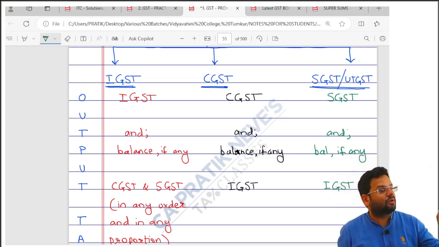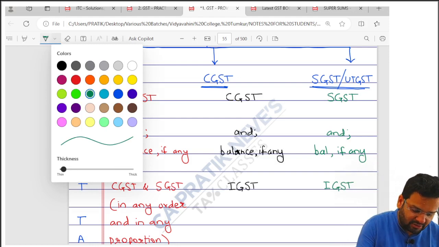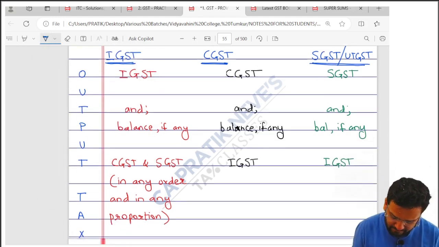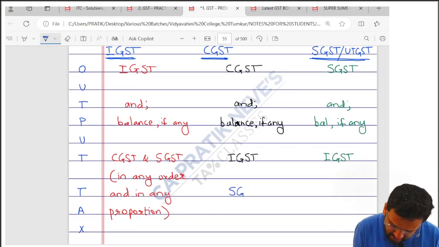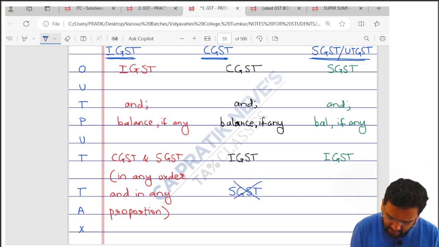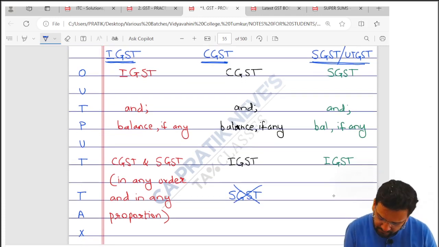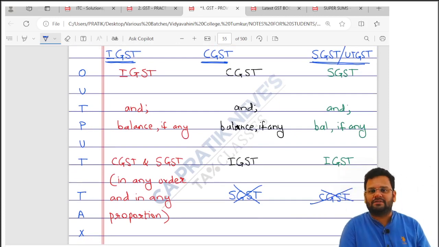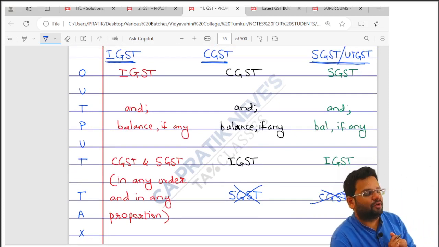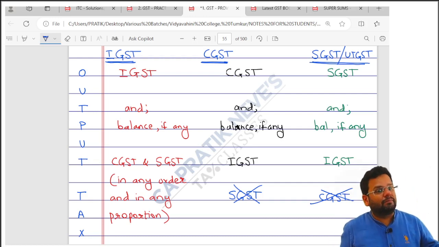Never ever can you use ITC of CGST to pay SGST, and never can you use ITC of SGST to pay CGST. This is not possible.